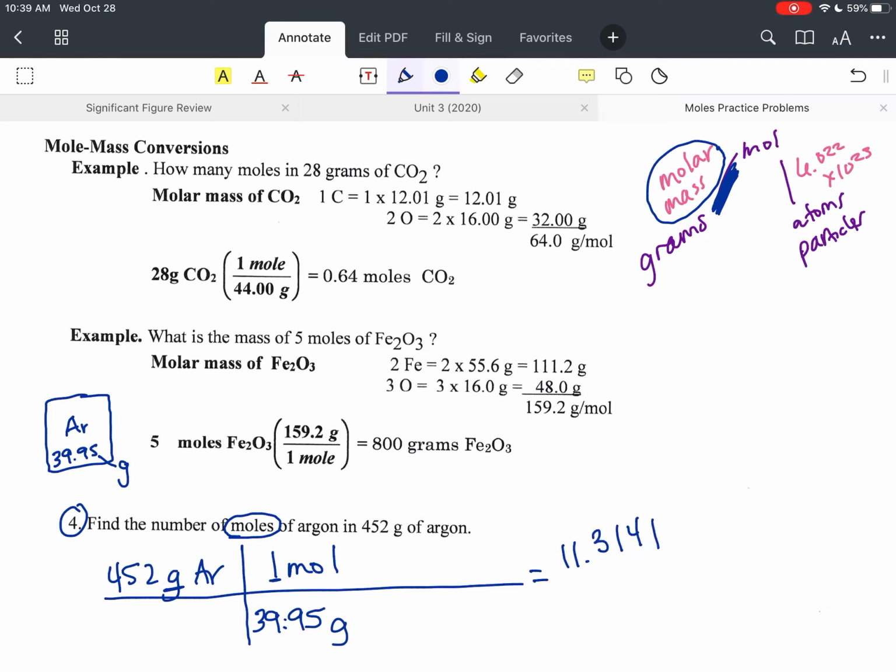And I end up with 11.314, right? But I need to look at my significant figures. So if there's 3 in my question, there needs to be 3 in my answer. So my answer is 11.3 moles.